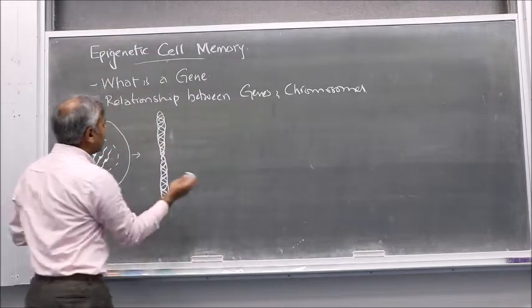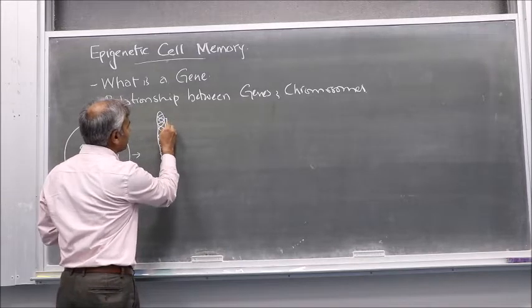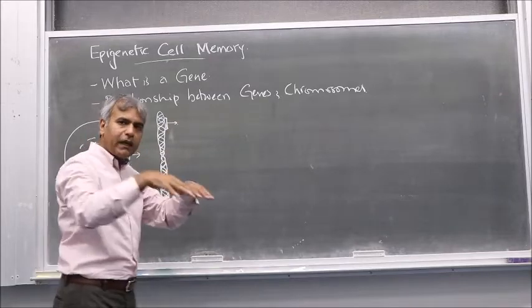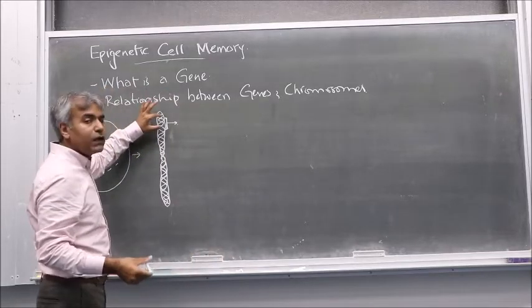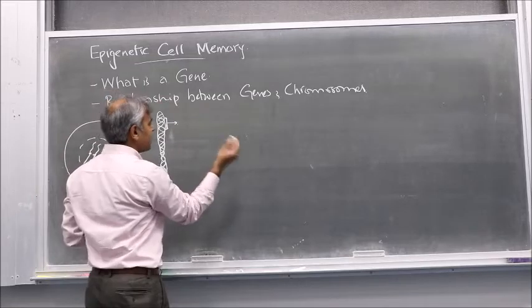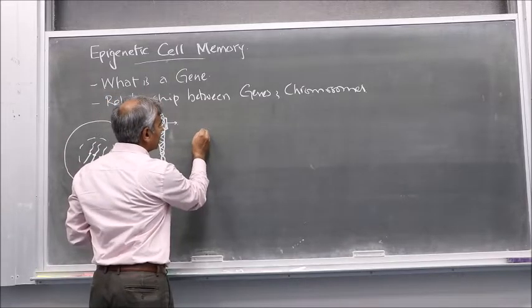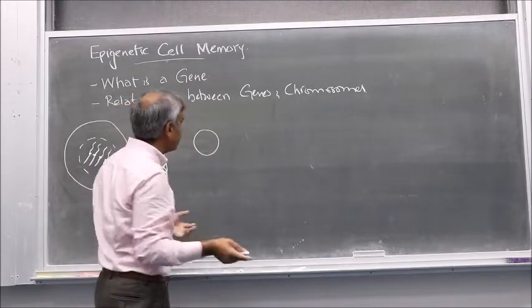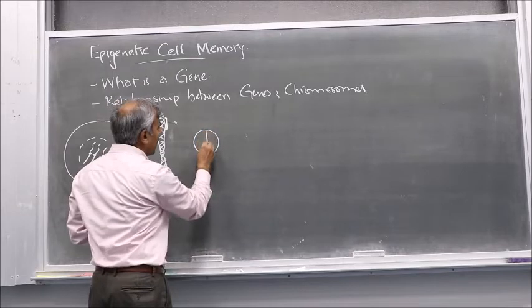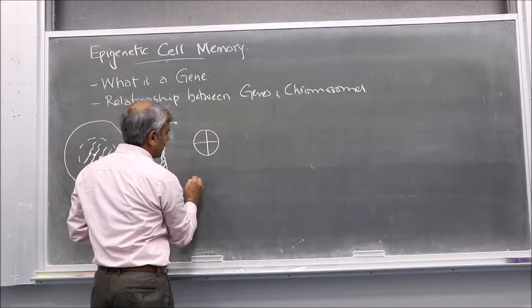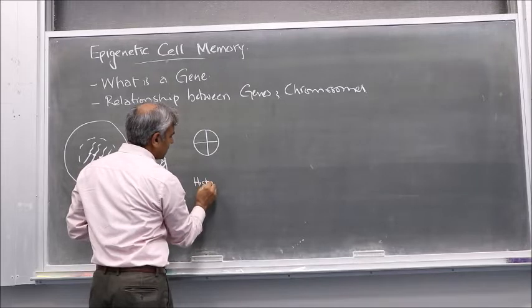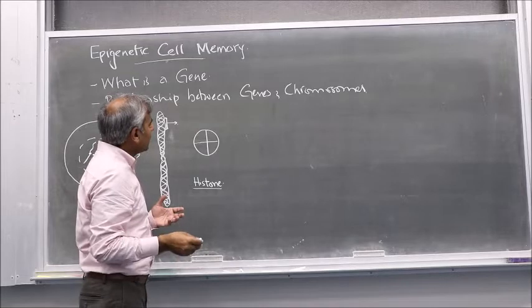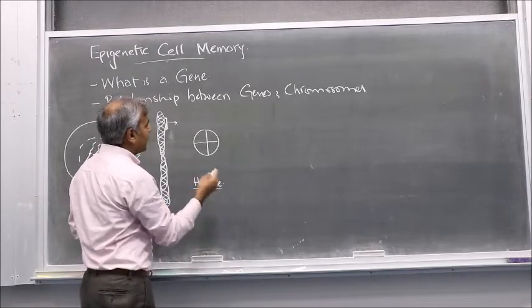If I now take just a tiny part of this chromosome and zoom in to see what it is actually made up of: as I said, a chromosome is made up of specialized proteins, the chromosomal proteins, which are an integral part of chromosomes, and these are called histone proteins.